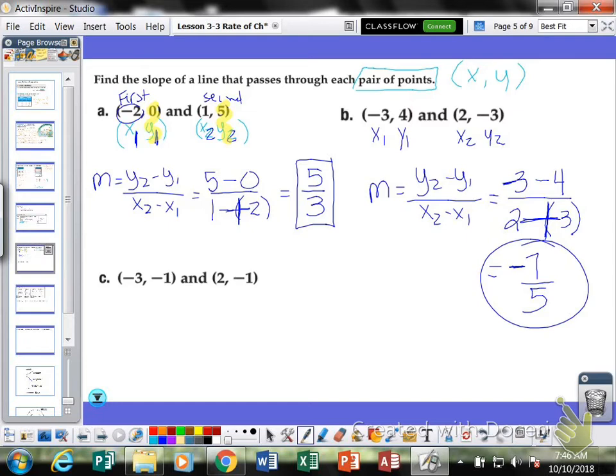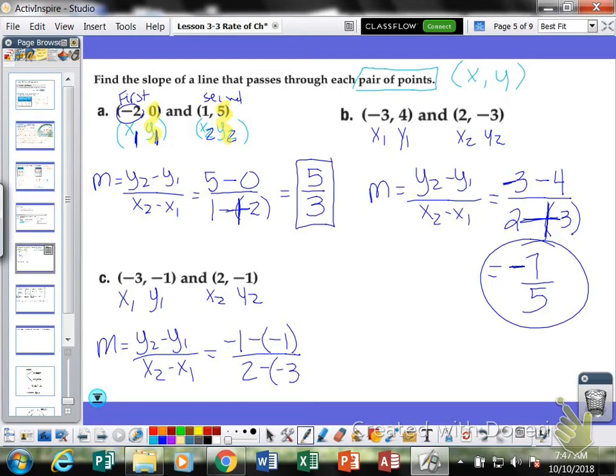All right, one more. So label x1, y1, x2, y2. M equals y2 minus y1 over x2 minus x1. Substitute y2, negative 1, minus negative 1 for my y1. It's okay, they can be the same. Over x2, which is 2, minus x1, which is negative 3.